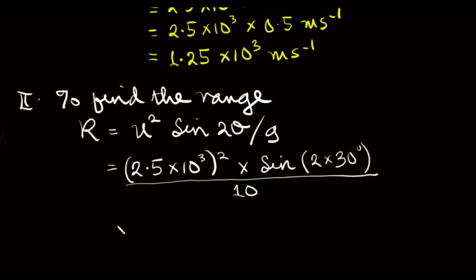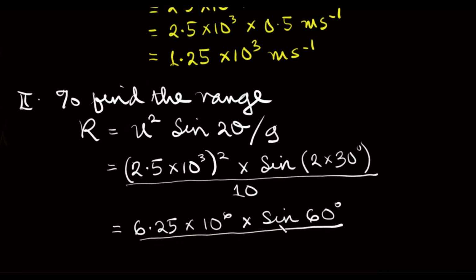So this gives us 6.25 times 10 raised to the power 6 times sine 60 degrees all over 10.